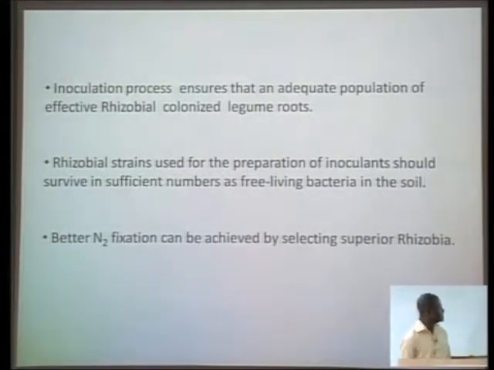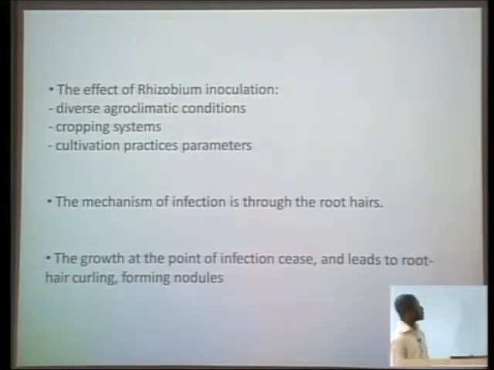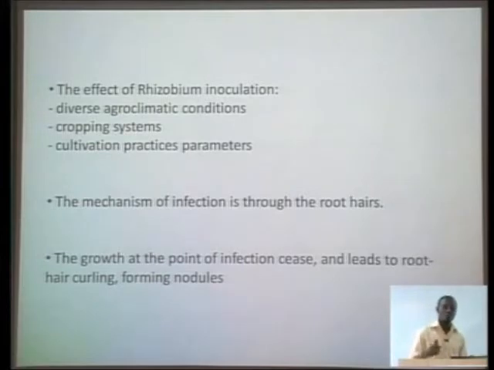Better nitrogen fixing can be achieved when a superior and effective rhizobium is used for the inoculum. There are a whole lot of factors that affect the rhizobium inoculation and the quantity of nitrogen that is fixed. Among these factors are diverse agroclimatic conditions, cropping system, and cultivation practices.